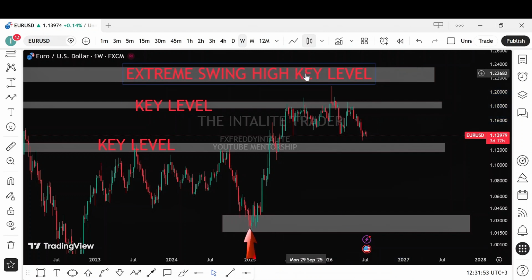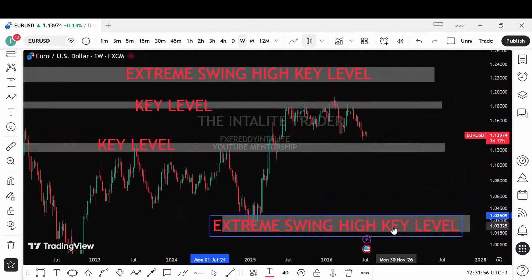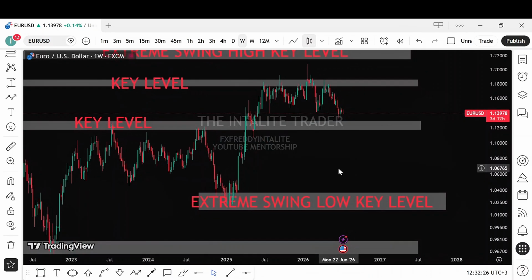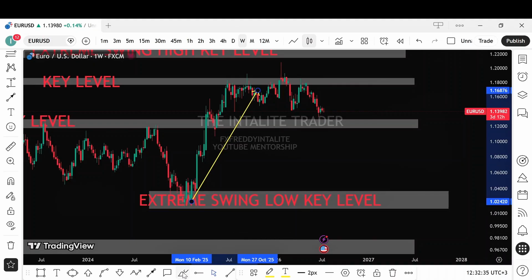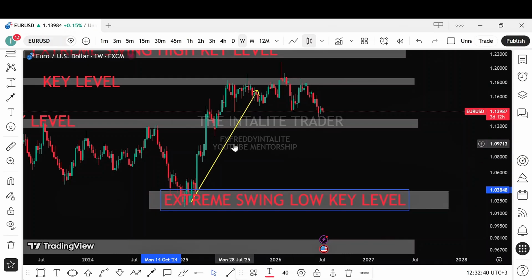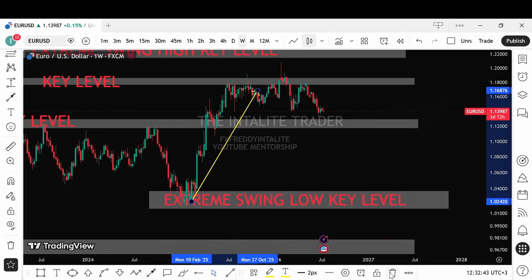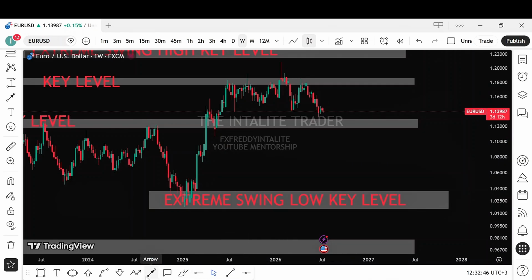And then down here, we say this is our extreme swing low level. So what happens when price comes here? The same people who went long at this point will also want to take action when price comes back into the same key level. And those who will have sold price, who will have pushed price to this level, will also look forward to get out and give room to buyers to step in and push price higher.